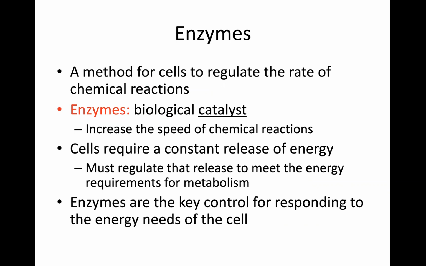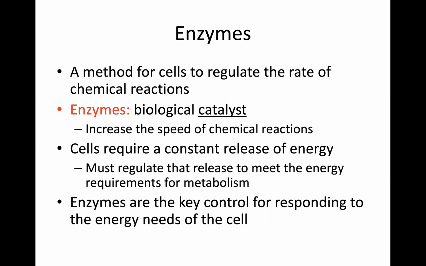And then we're going to shift to this concept of enzymes. So we need energy to do work, but there's another molecule that can assist with these chemical reactions, and these are enzymes. Enzymes are proteins. A method for cells to regulate the rate of a chemical reaction is the presence of enzymes.